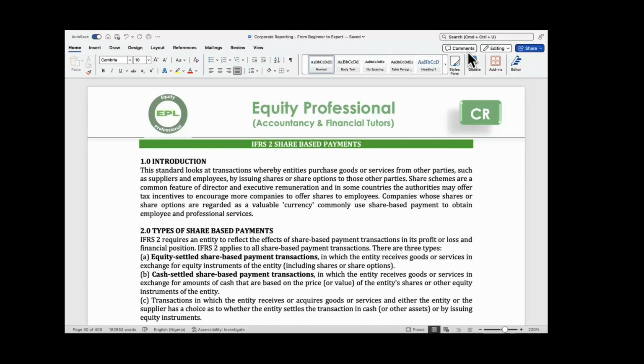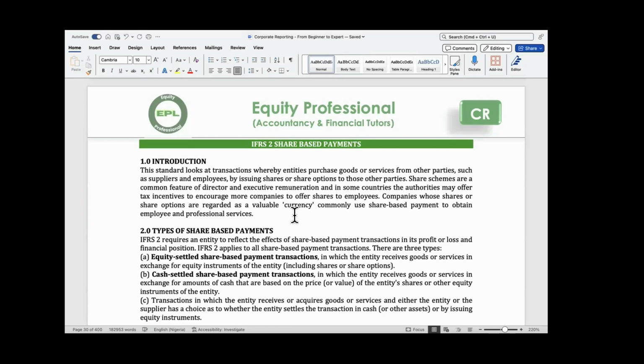And this is even more common where they were using this form of consideration to pay their employees, especially those at the executive level or the directors. So they were paying them through their equity instruments.